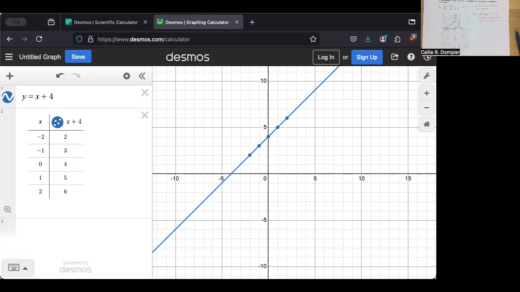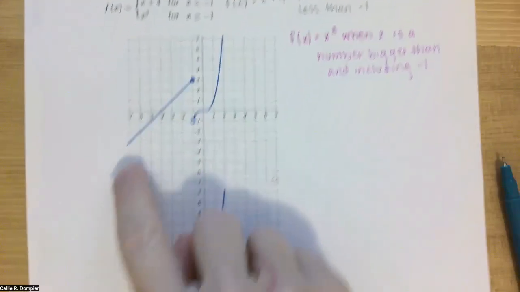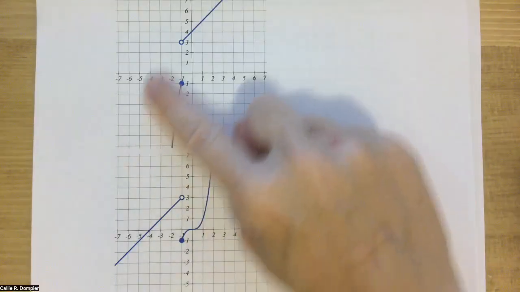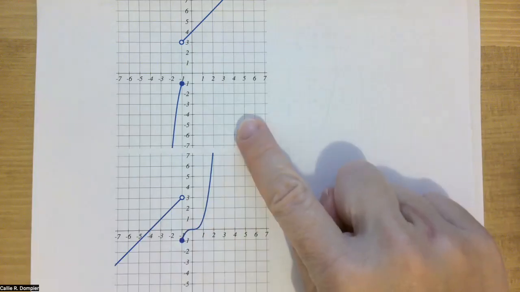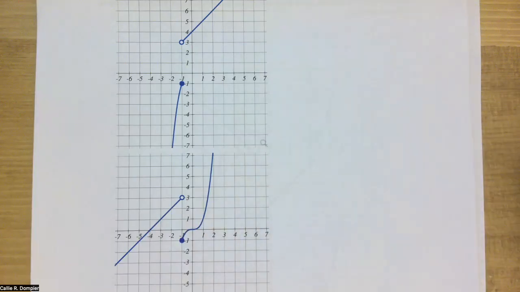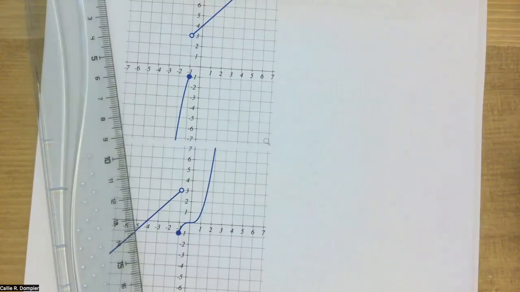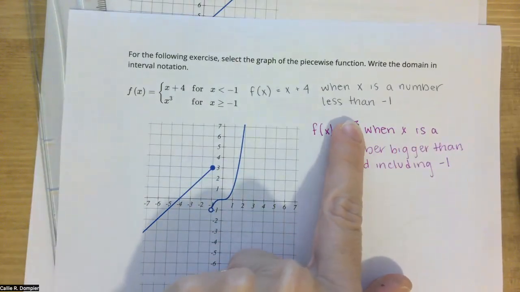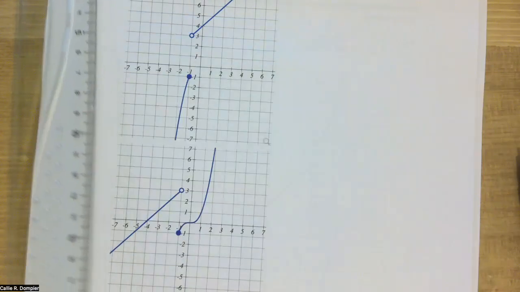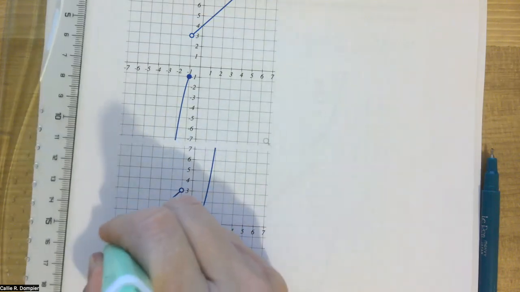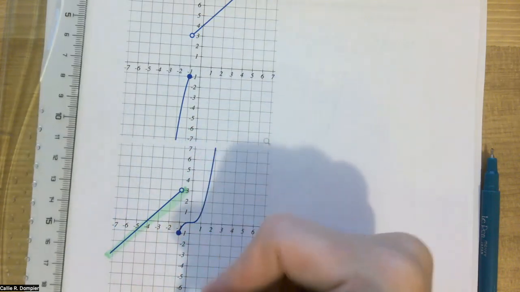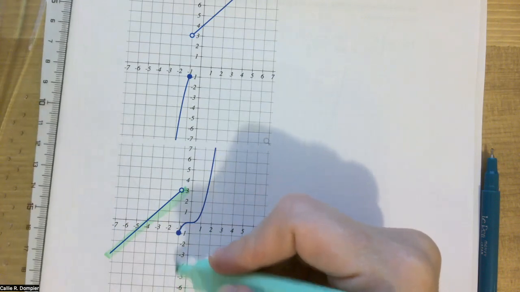Let's look back at our examples. So it's going up, right? X plus 4 should be happening when x is a number less than -1. So x plus 4 should be going up until we get to x equals -1.